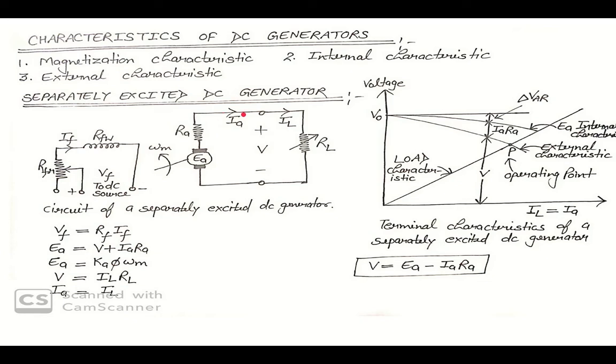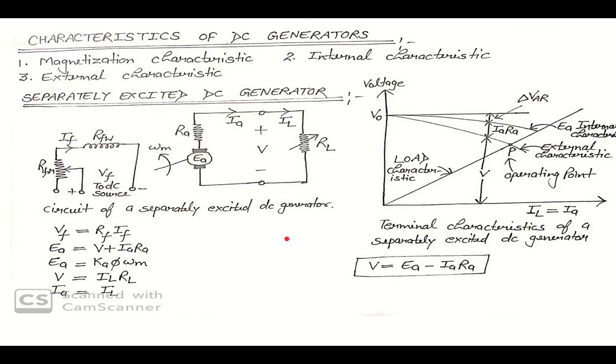IA is the armature current. IL is the load current. RL is the load resistance, and V is the terminal voltage. So this is the circuit diagram and these are the notations for a separately excited DC generator.